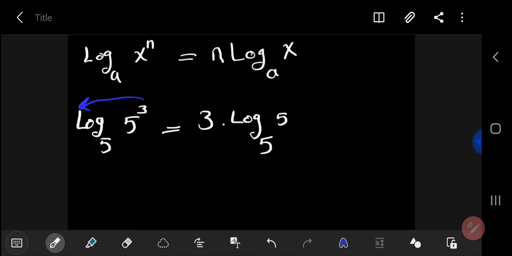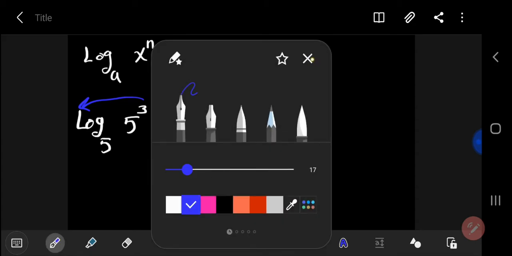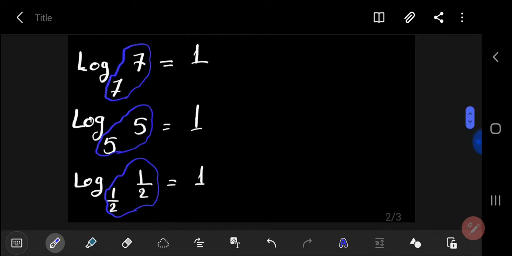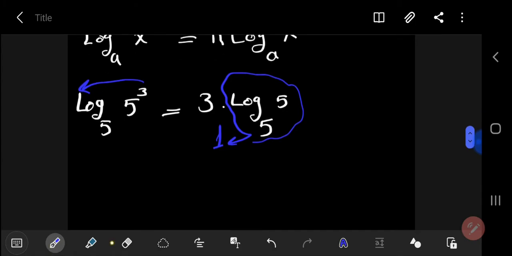I have another property saying any log with base equal to the number is equal to 1. It's the same. So that means equal to 3 times 1, that means equal to 3.